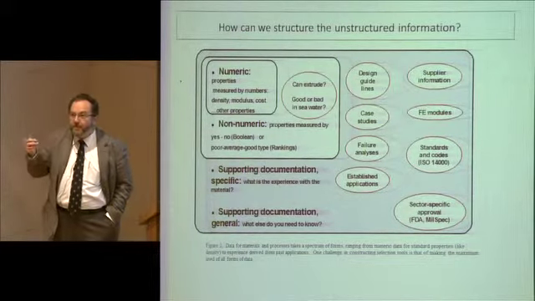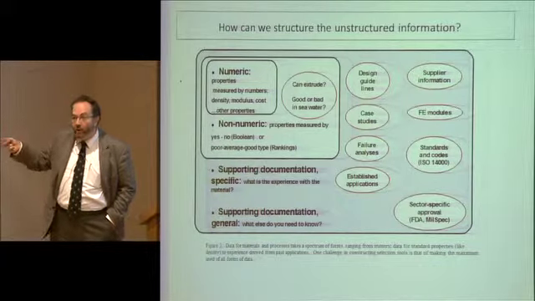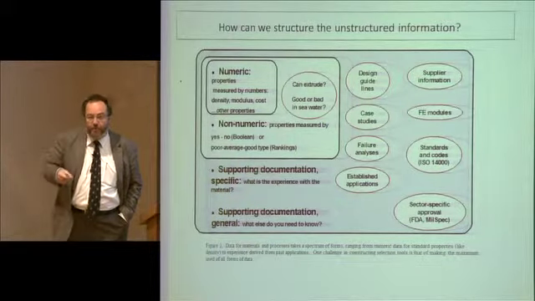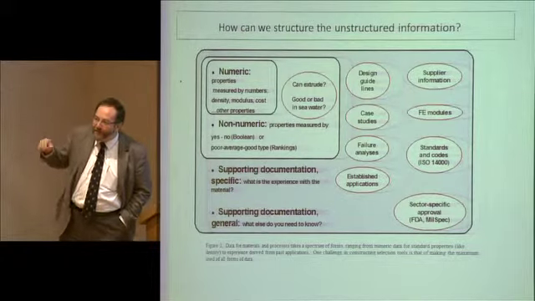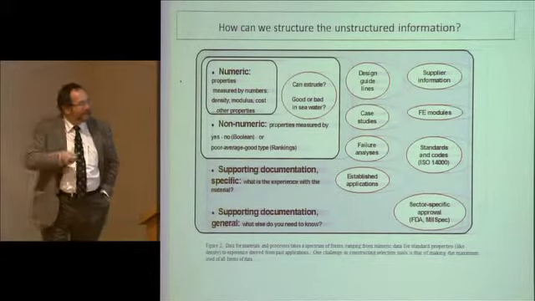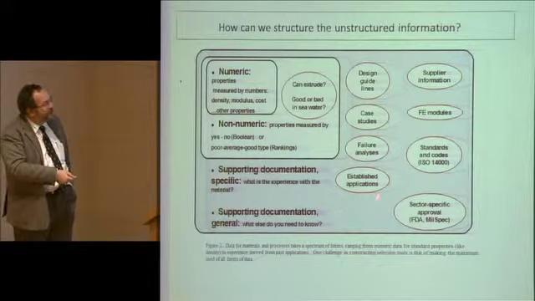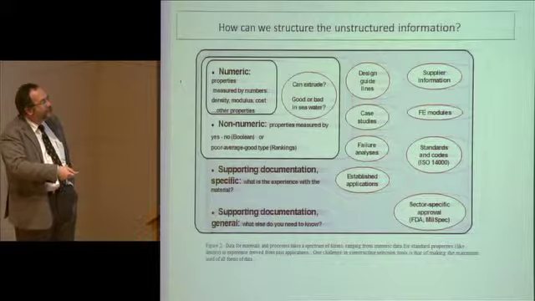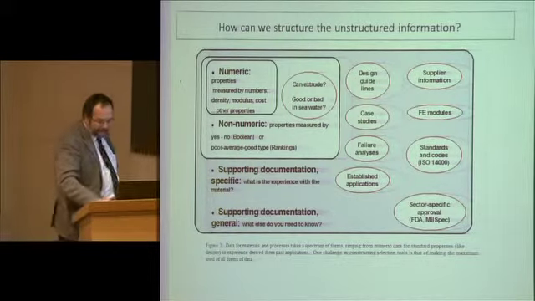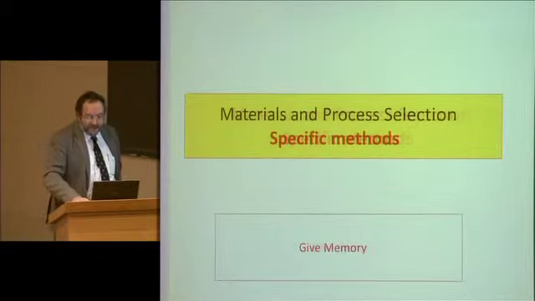FE modules, what I showed you in terms of performance index. You can very well couple that with finite elements calculations for performance calculation. So all of that will be much more of the non-structured information type.